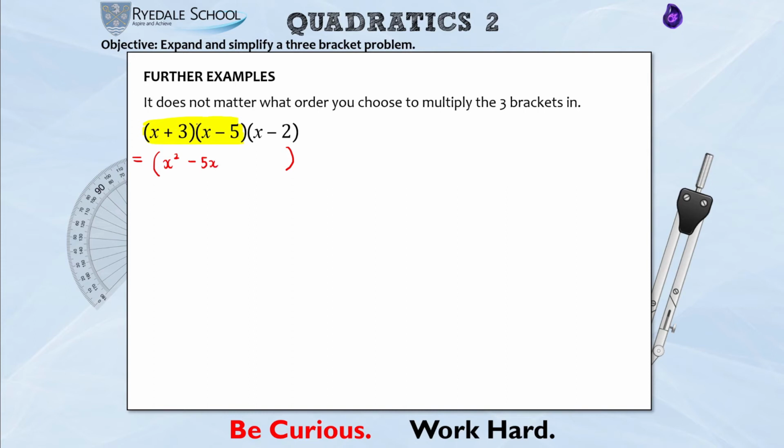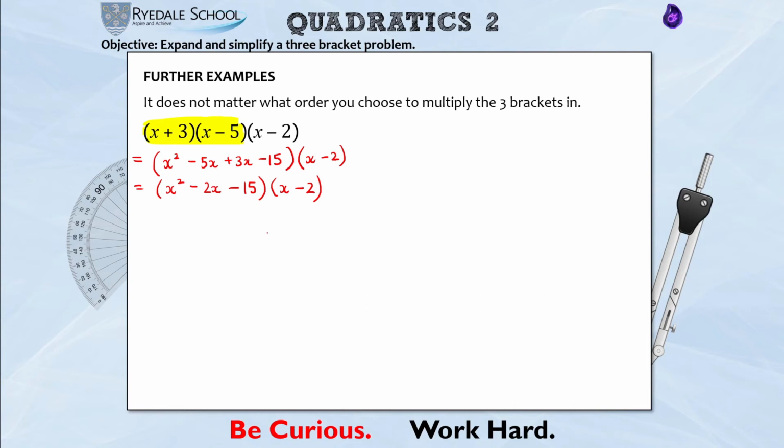Inners, positive 3x. Lasts, negative 15. Tidy it up. X squared minus 5x and positive 3x is negative 2x. Take away 15. And let's drop back in our x minus 2 now that we haven't used.